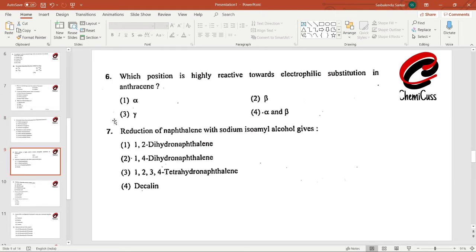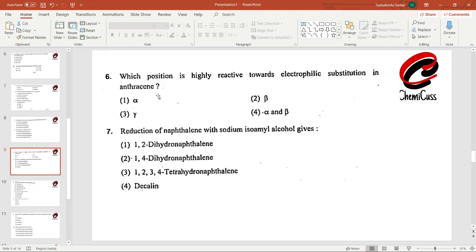Moving on to question number 6, which position is highly reactive towards electrophilic substitution in anthracene? This is the first basic, conceptual question I find in the organic part of this paper. In anthracene, three benzene rings are fused in one molecule. In naphthalene, the alpha and beta positions are well known, which are basically the 1 and 2 positions.